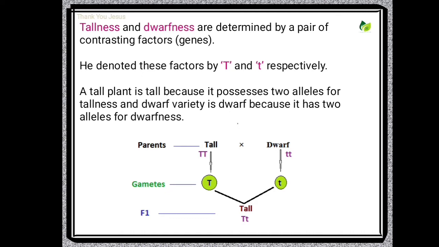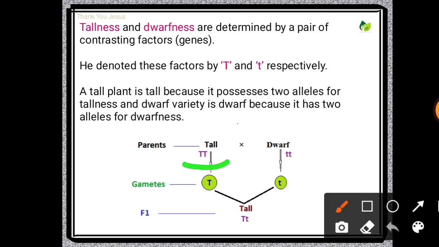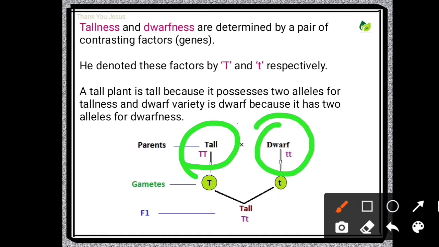A tall plant is pure tall because it possesses two alleles for tallness, which is the pure parent. Also, the dwarf variety is dwarf because it has two alleles for dwarfness. Such a condition is referred to as pure condition, homozygous pure condition.